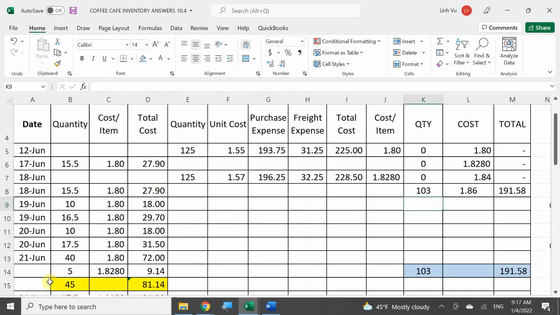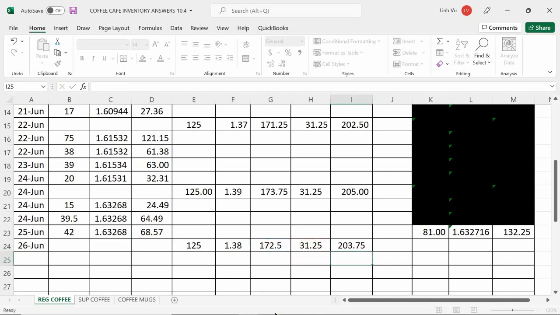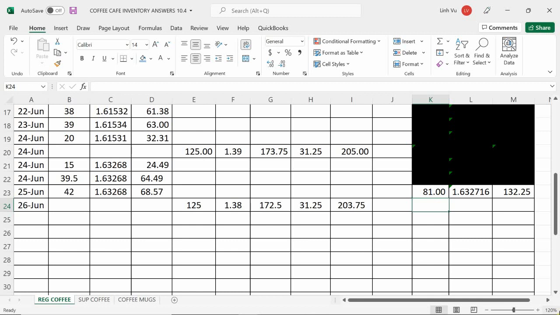Okay, giving us a grand total of $203.75. So let's go ahead and add that to our inventory on hand because we need to recalculate our new average cost per item.